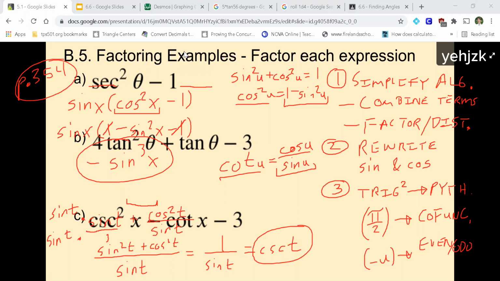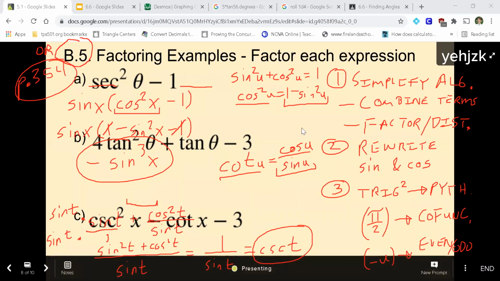Or if you look at the lecture notes for subpoint B5, the factoring examples, I walk through step by step how to do these three. I would encourage you to use either of those resources. And don't forget that you can also use the videos in WebAssign to get more instruction on that.